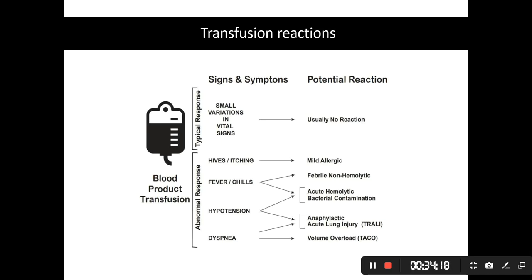So that antibody can also cause reactions. So what are those reactions? Mild itching, hives, reddening and rashes are a mild allergic reaction. Sometimes the person can develop fever or chills, then it comes into a hemolytic reaction. Sometimes a patient can develop a very severe reaction like low blood pressure or difficulty in breathing.